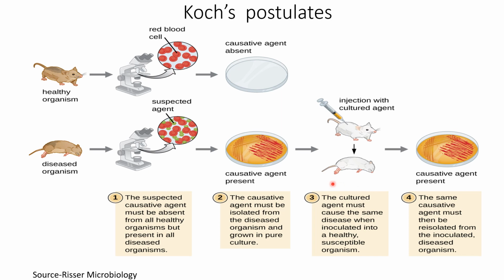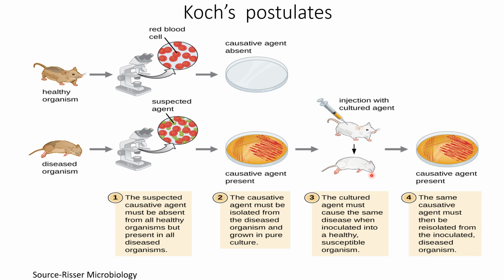You understand? Inject the pure culture in a healthy animal, leave it for some time, observe it. If the healthy animal dies of the same disease with the same set of symptoms, then that is the third criterion that has been satisfied.